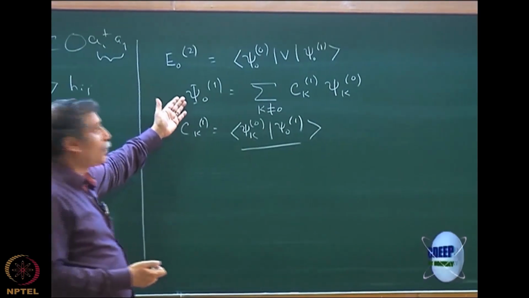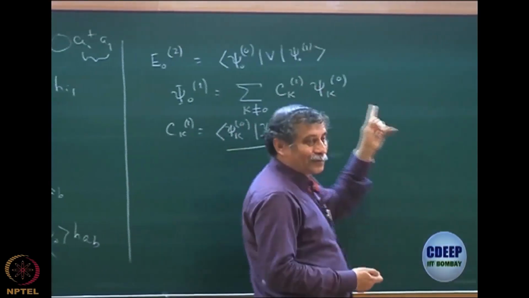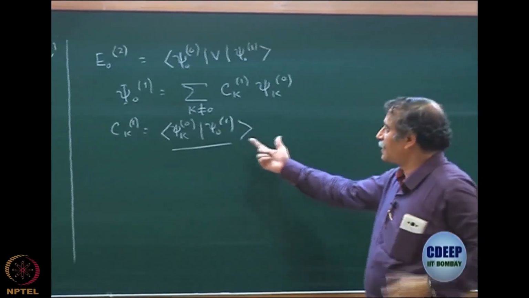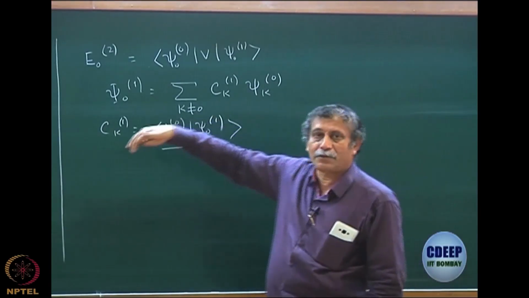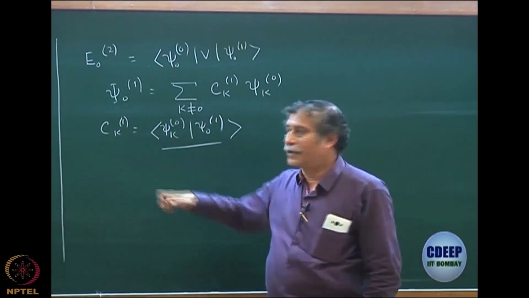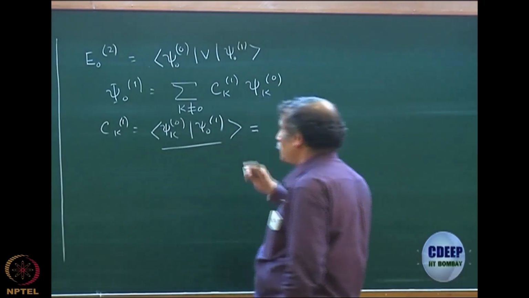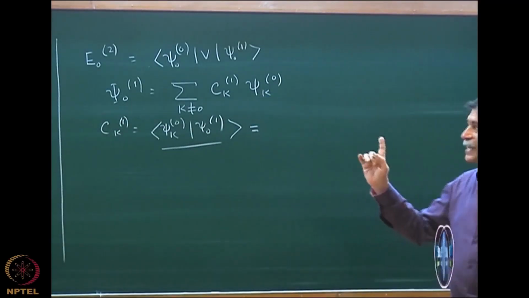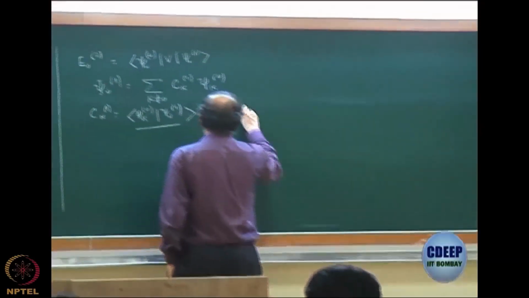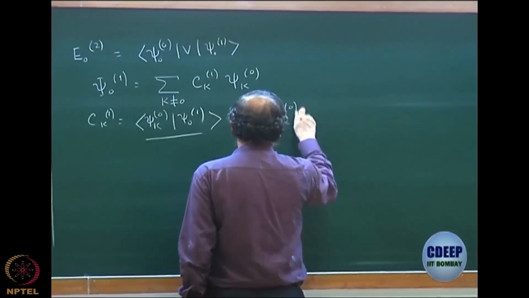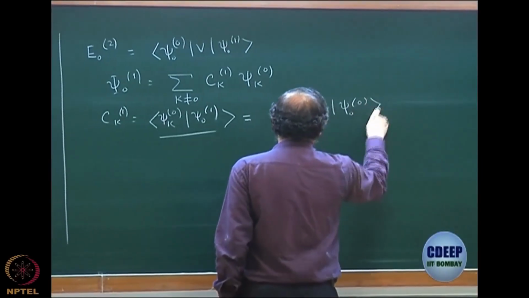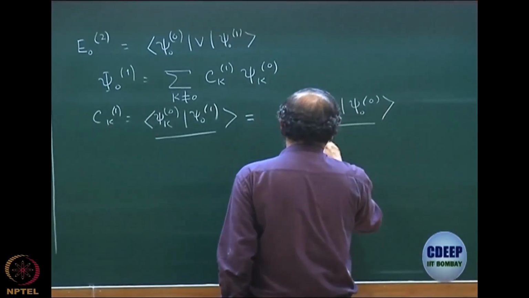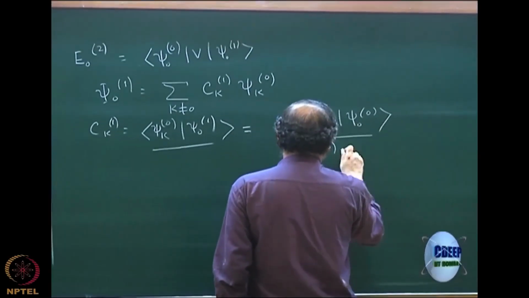I can calculate psi 0 1, I can eventually calculate E naught 2. So how did I calculate this integral? I went to the first order perturbed equation projected with psi k 0. So can somebody tell me this value? This we have already done. What is Ck 0? It is psi k 0 V psi 0 0 divided by E 0 0 minus Ek 0.